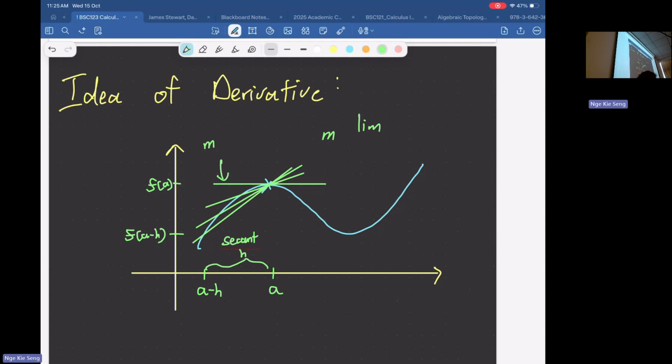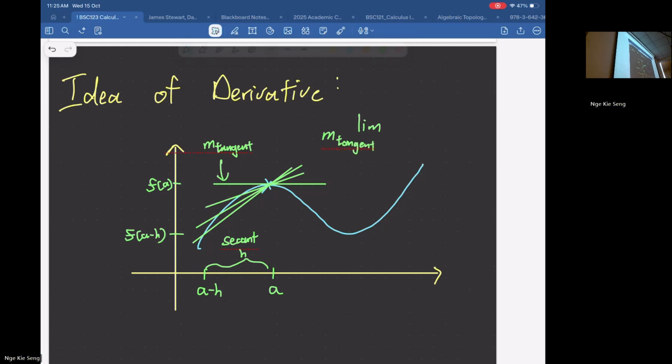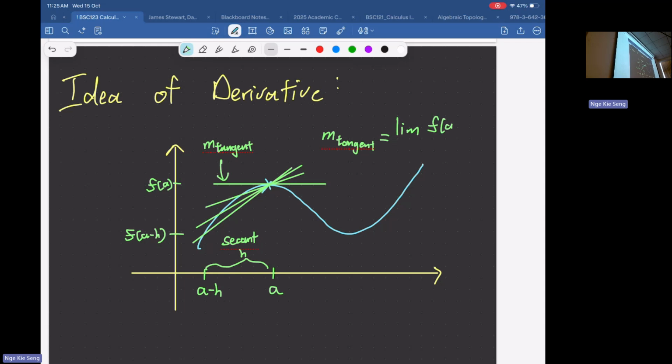Let's call this gradient of the tangent, M tangent, following the notation in your notes. So we define this tangent line to have gradient equal to the limit of f(a) minus f(a minus h), over h.